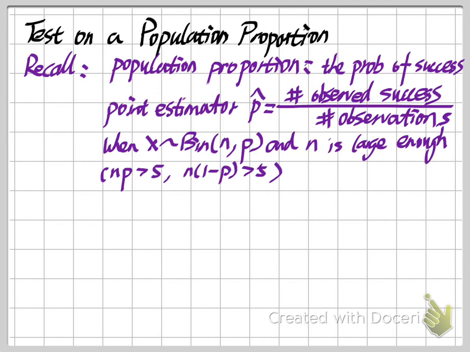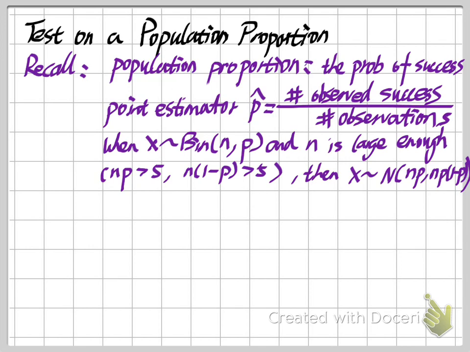When n is large enough, X follows a normal distribution with mean np and variance np times (1 minus p).